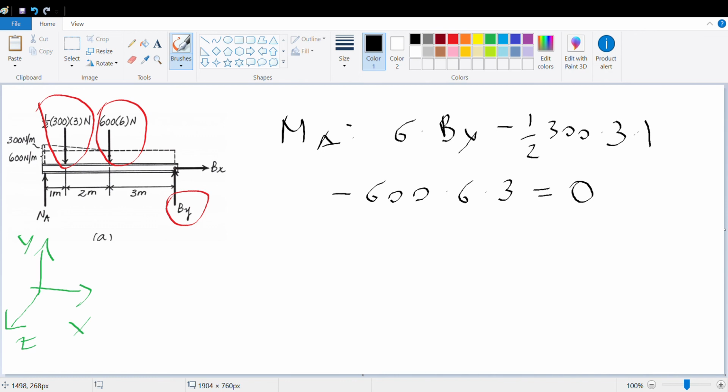And Na is not producing any moment because it is applied exactly at A. So the distance between the point of application and the pole is 0. So the product of 0 by anything is 0, of course. So we can just solve this equation and we'll find that By is equal to 1875 newtons.